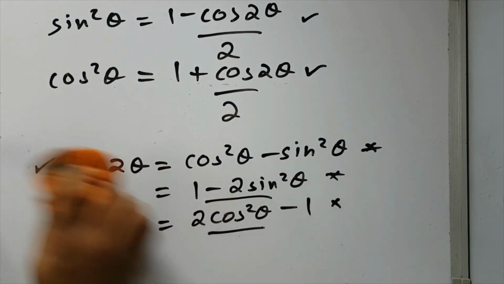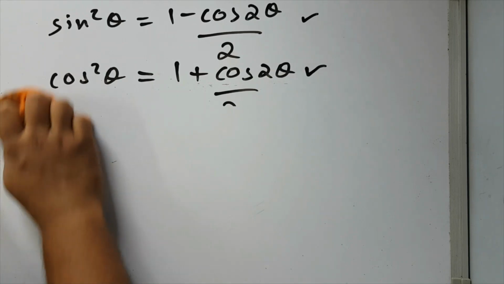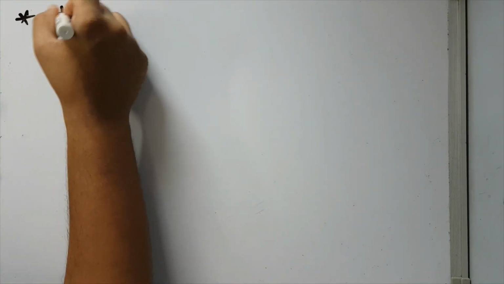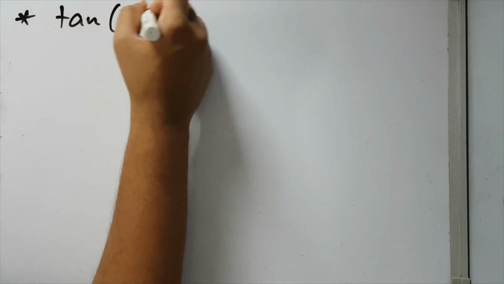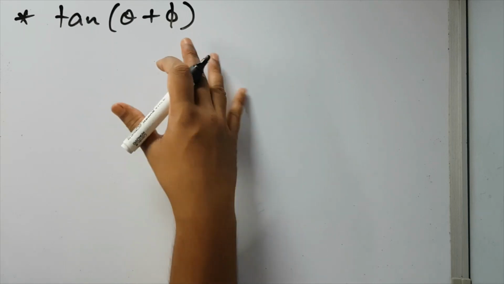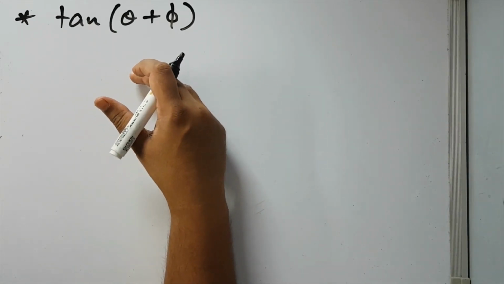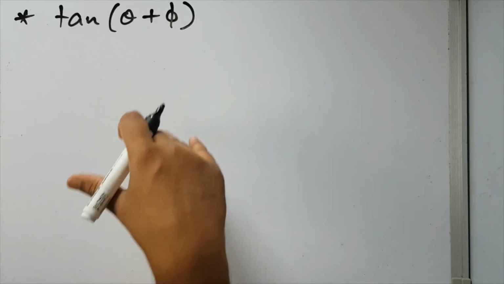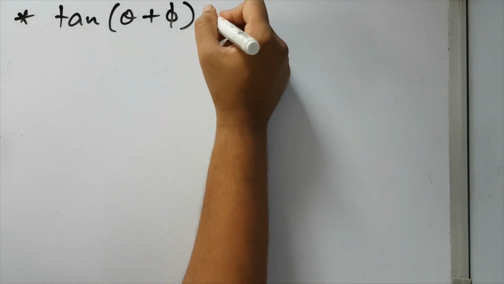The next is tan. Tan of theta plus phi. Now how do you find tan of theta plus phi? If you know sine of theta plus phi and cos of theta plus phi, just look at this.